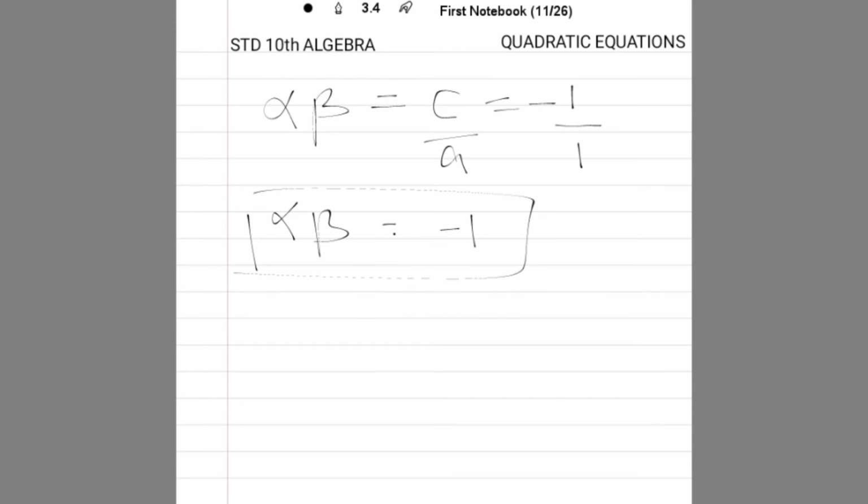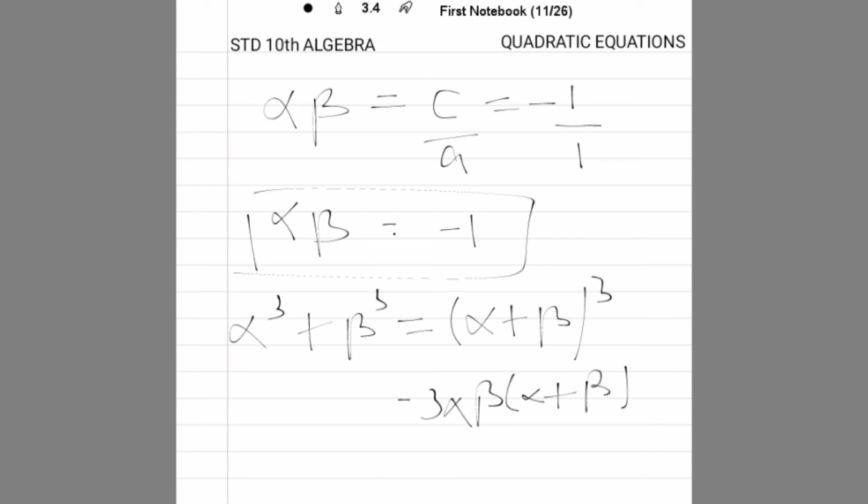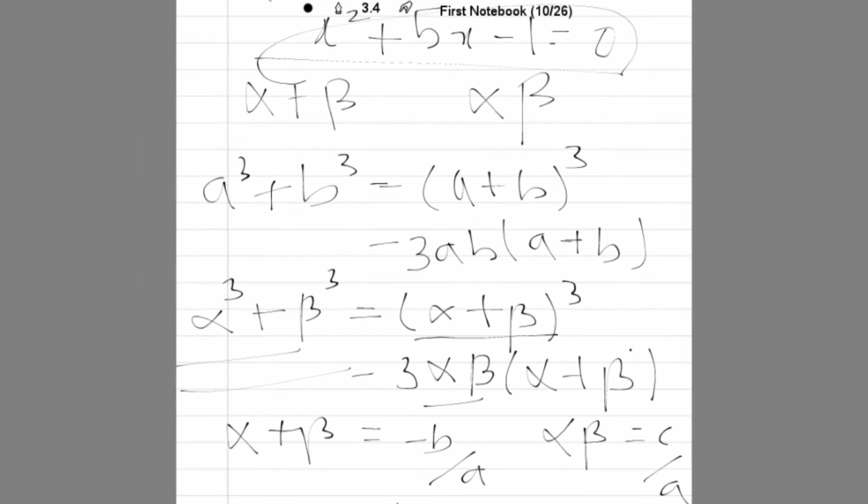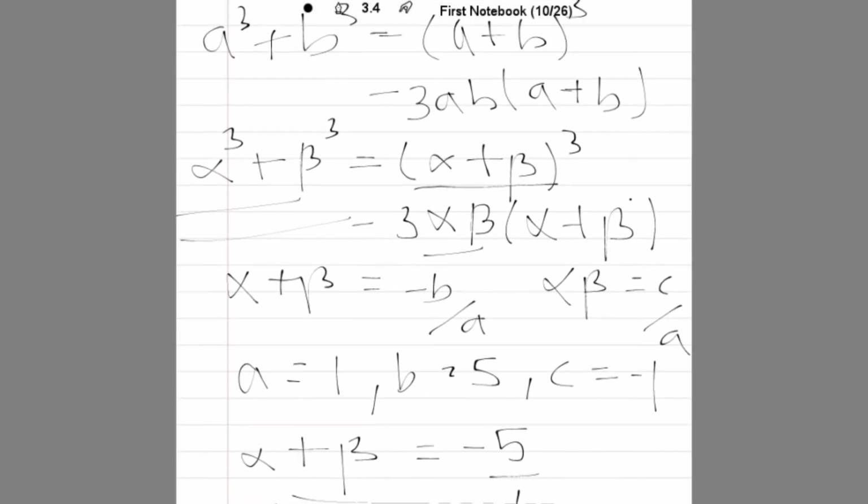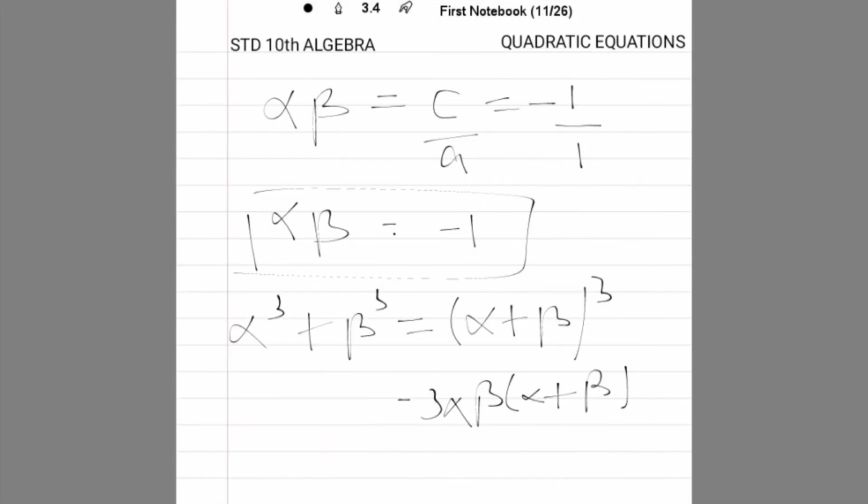Now we have the main equation, that is alpha cube plus beta cube is equal to (alpha plus beta) whole cube minus 3 alpha beta into (alpha plus beta). So this is the equation, and now we can substitute the values here, right? What is the value of alpha plus beta? We have got it as -5. So we will substitute that value here.